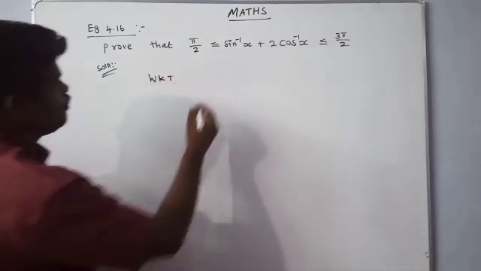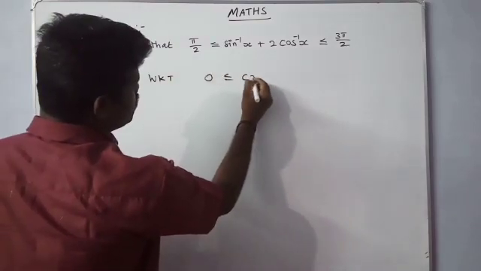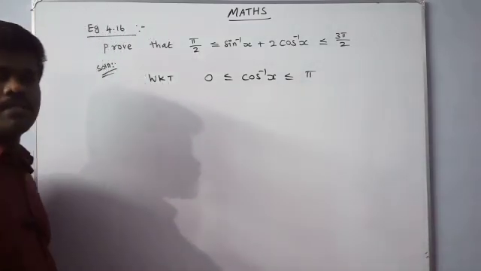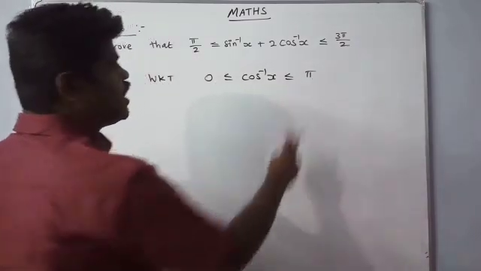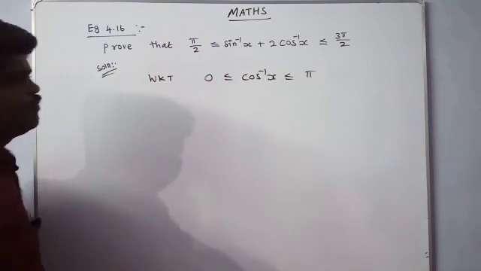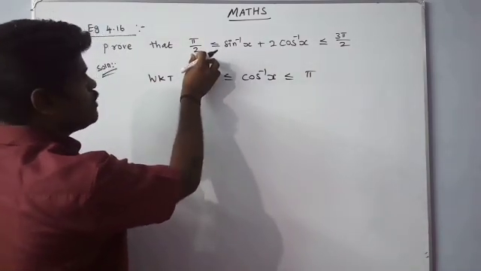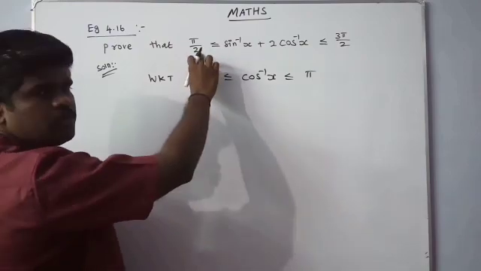We know that 0 is less than or equal to cos inverse x, which is less than or equal to pi, because this is the range of cos inverse x. We want to add pi by 2 here because the result is pi by 2.